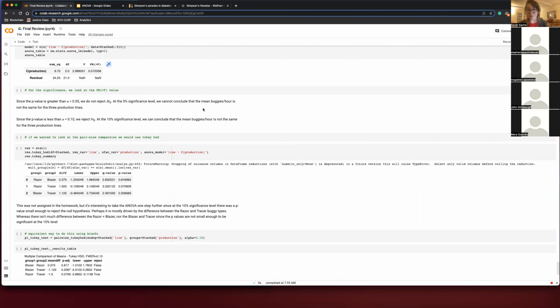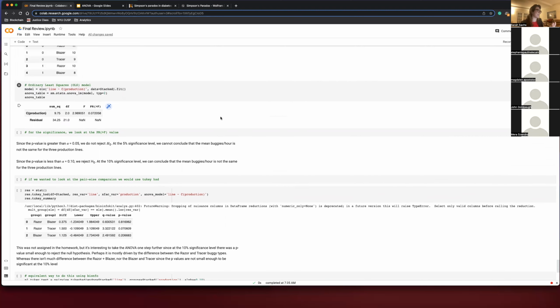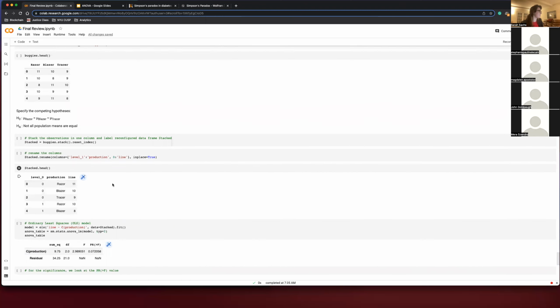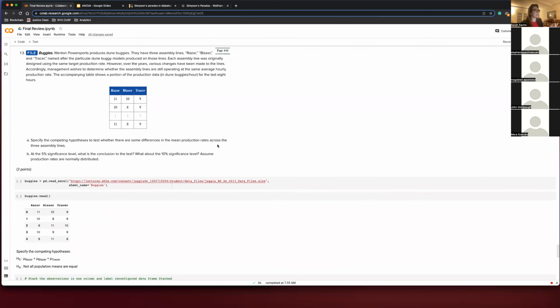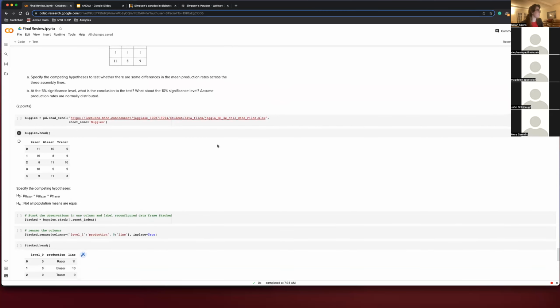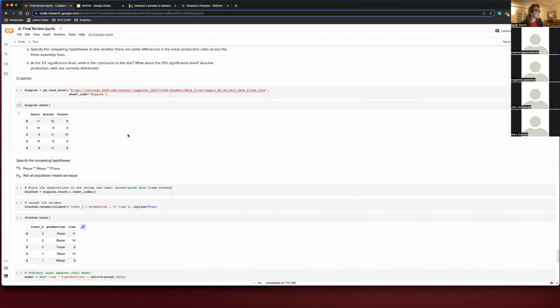So it goes a step beyond just testing, are the variances different? It's looking to see, are the variances different as it relates to this type of numeric value that we're trying to understand better. In this example, it was something about production rates for different assembly types.